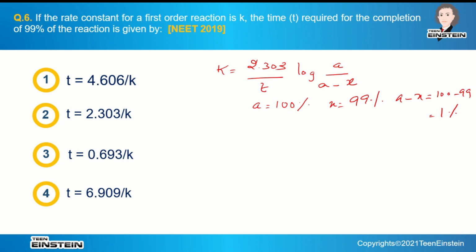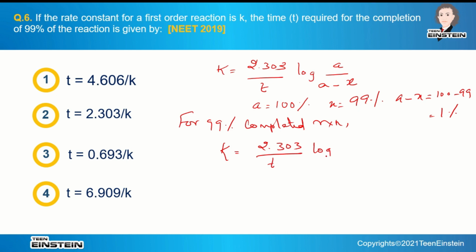So for 99% completed reaction, the rate constant K is K = 2.303/T log 100/1. So we can write this as 2.303/T log of 10².